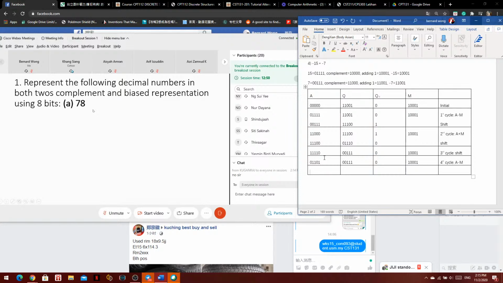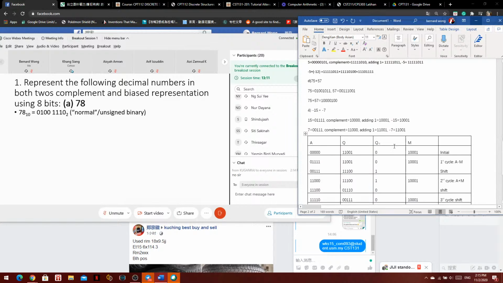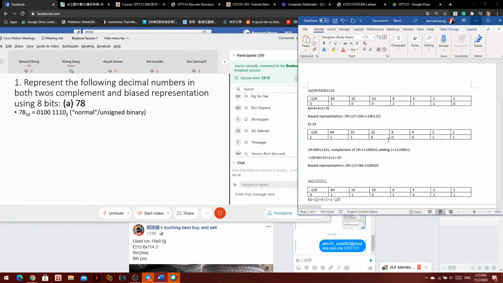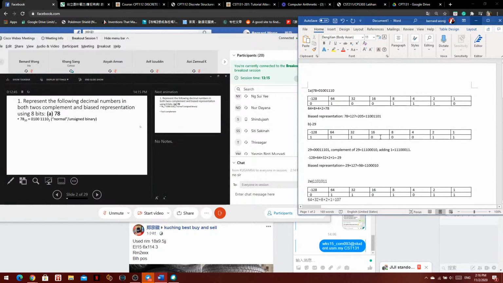If you know about two's complement, a positive number will start from 0. So you can just directly convert it into binary. So that's it.